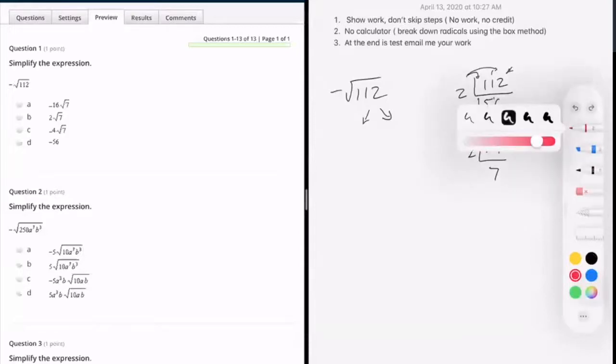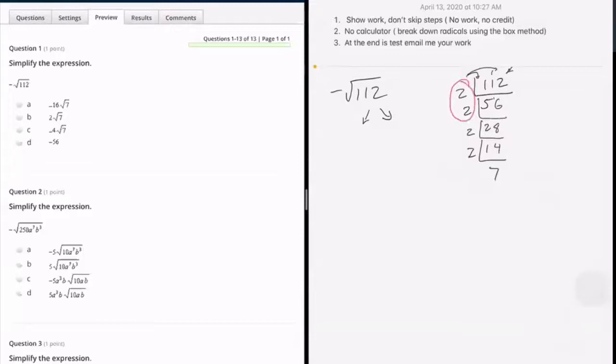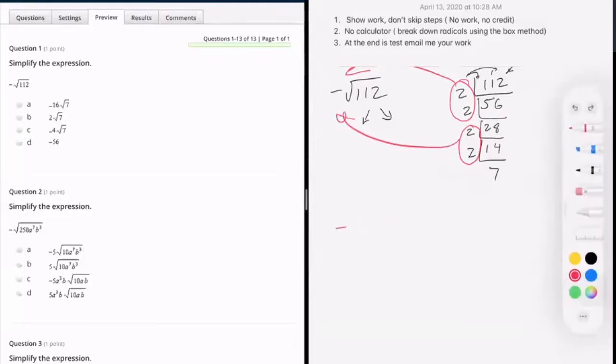So we have a pair of 2's and a pair of 2's. These guys get kicked out. So it's negative 2. I have 2 2's. And what number is left over? Negative 2 got kicked out, right?